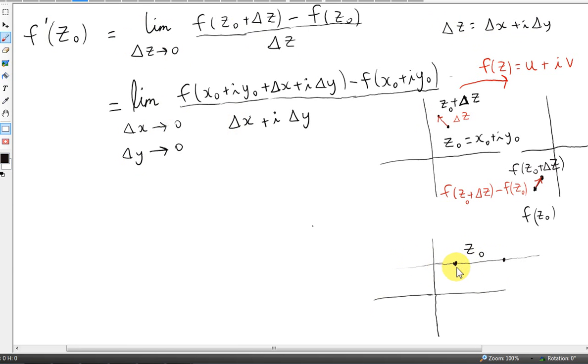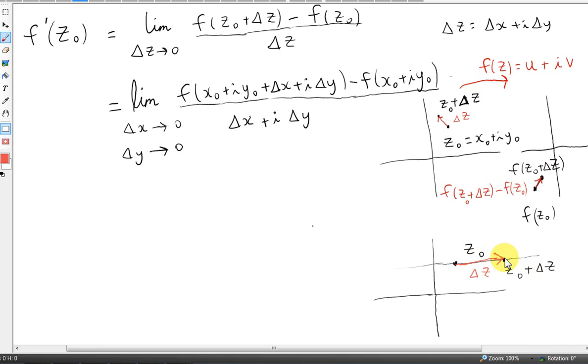So if this point is z0, then the nearby point is z0 plus delta z. This is the general picture up here. Well, z0 plus delta z can be anywhere near, but let's suppose it's on this line. If you want to use vector notation, this vector here is delta z.